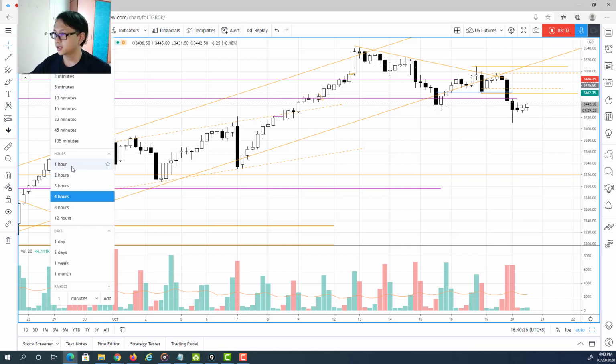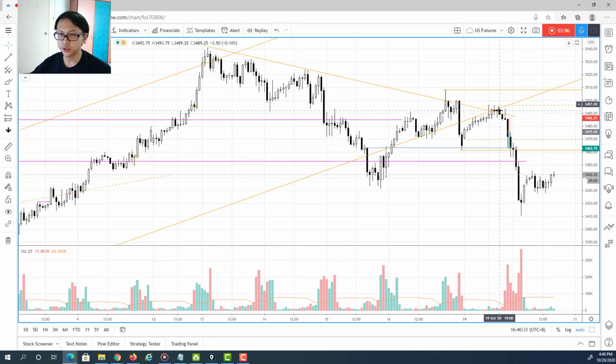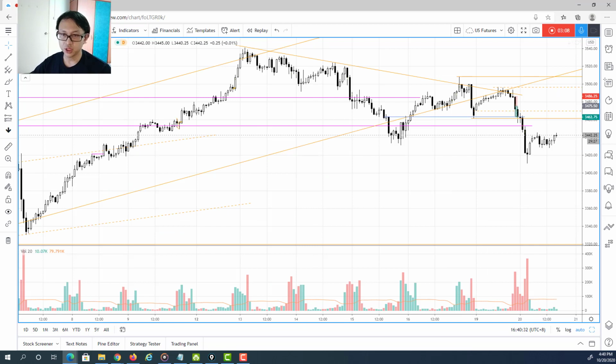Okay, but let me just go down to the 1-hour chart, the hourly chart. Let's talk more about the market yesterday. You can see that definitely supply has been increasing, and just prior to that, during the Globex period, we have seen a very weak rally up.